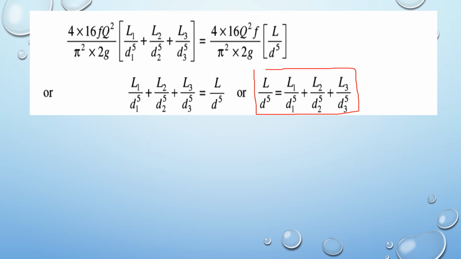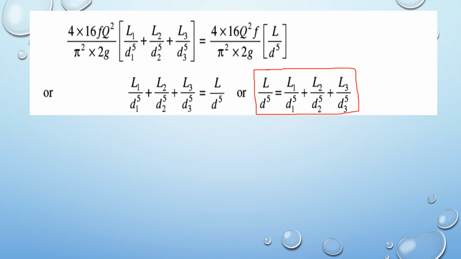L by d raised to 5 should be equal to L1 by d1 raised to 5 plus L2 by d2 raised to 5 plus L3 by d3 raised to 5. Now this is the equation for equivalent pipe, where L is the length of the equivalent pipe and d is the diameter of the equivalent pipe. L1, L2, L3, D1, D2, D3 are the lengths and diameters of the compound pipes, that is pipe 1, pipe 2 and pipe 3.